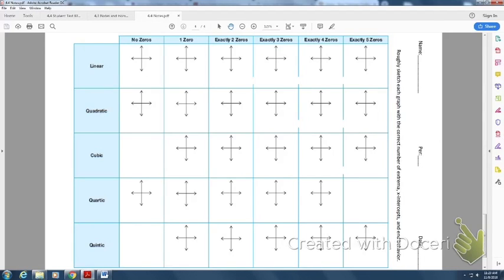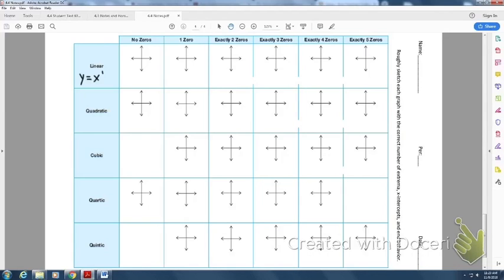So looking at this, we're going to look at the number of x-intercepts that these different degrees can have. Now on the left there, it doesn't say even degree, odd degree, first degree, fourth degree, whatever. It's giving you the name of the actual function. So make sure you know what that is. This is a first degree.